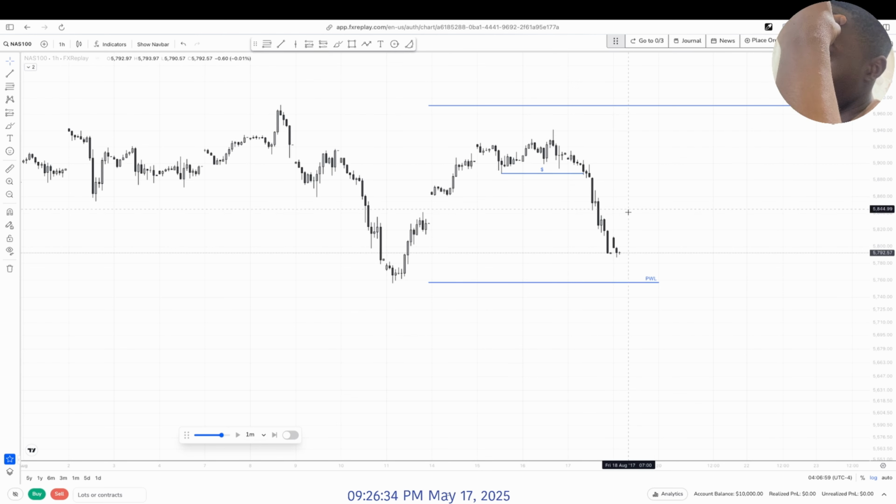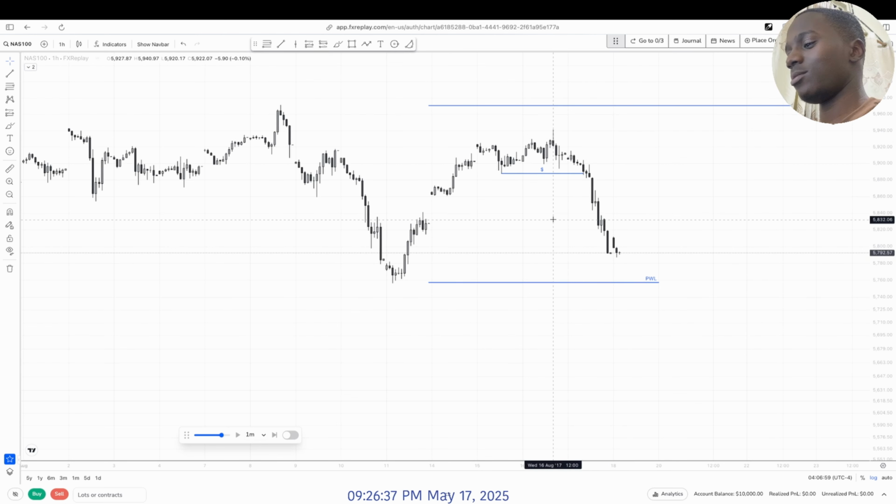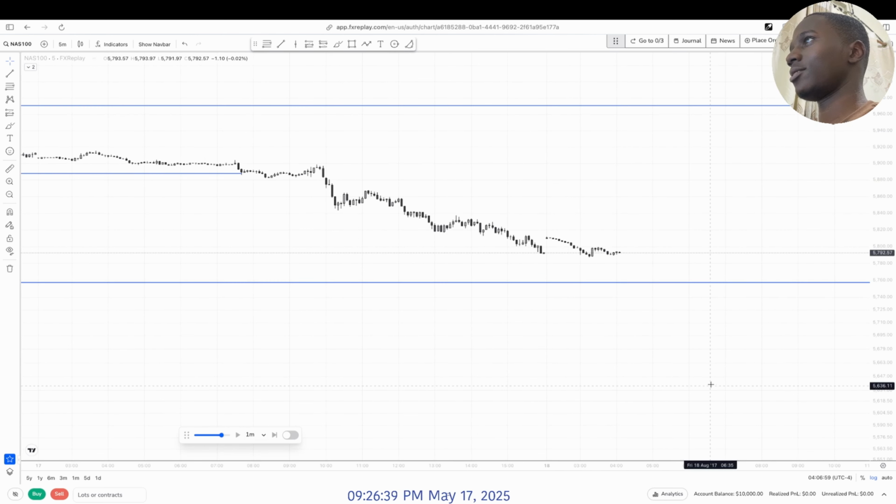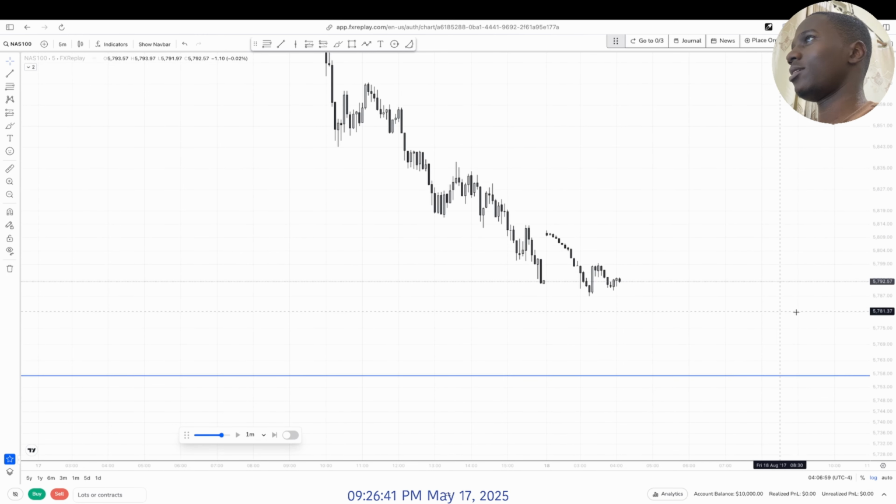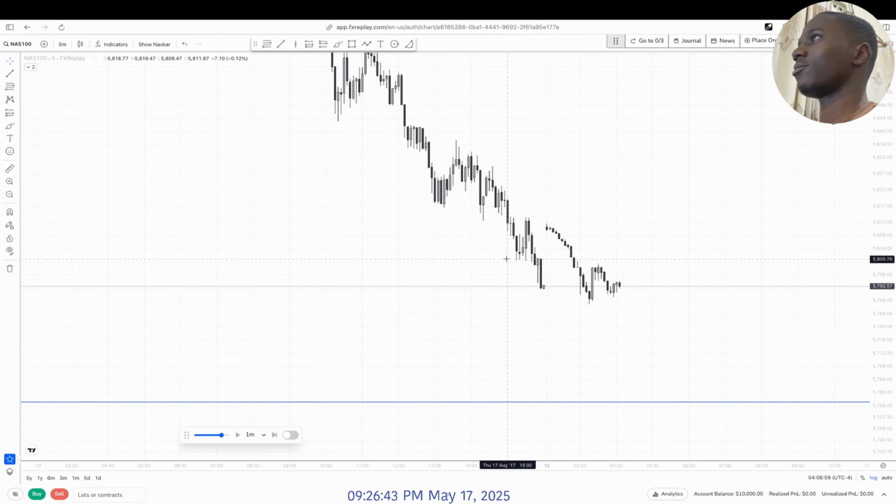Will this be the market maker sell model? When we go to 5 minute, you can see a good open pushing higher into this order block, just like this, and then dropping.